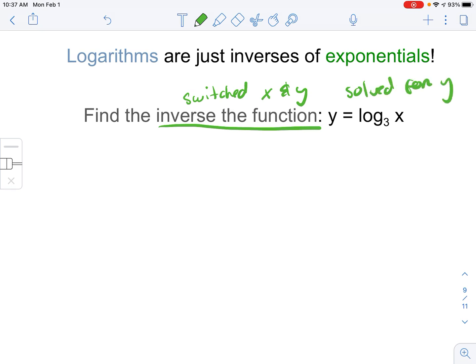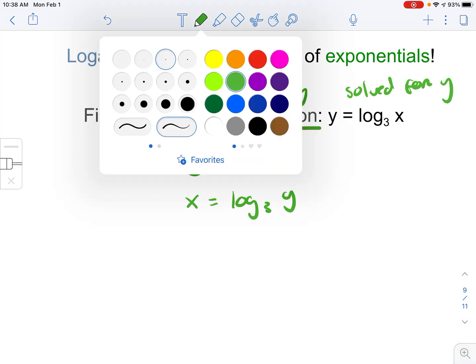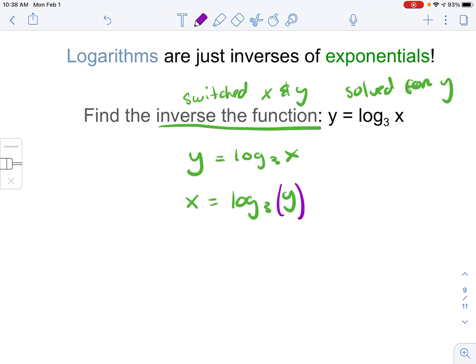Same thing's going to happen here when we're looking for the inverse functions. We have our original, and we switch x and y. So this becomes an x, and this becomes a y. Now, what happens here? Well, we need to solve for y, meaning we need to get this y out of our log. And the only way we have to do that as of today is to actually rewrite this as an exponential function.